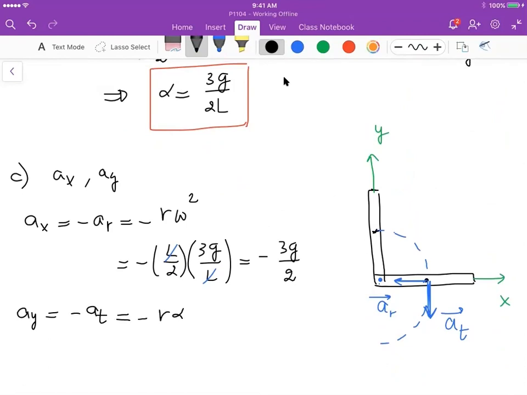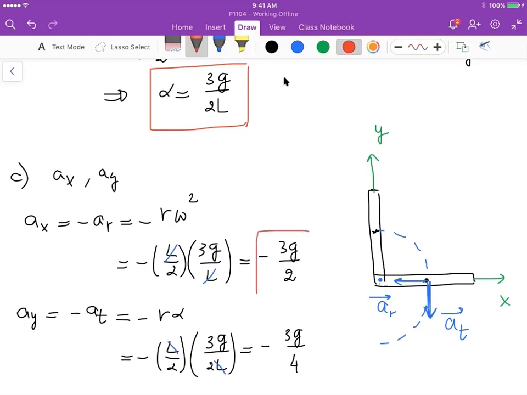Again, r is L over 2, and alpha, which we derived earlier, is 3g divided by 2L. So this is equal to minus 3g divided by 4, where L cancels out between the numerator and the denominator. And so we end up with minus 3g over 2 for ax and minus 3g over 4 for ay.